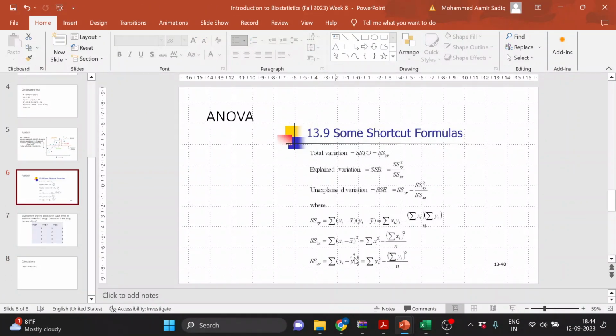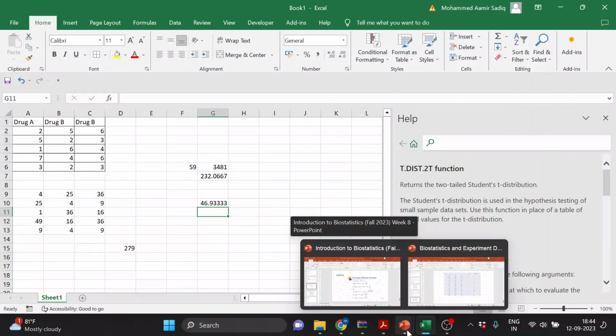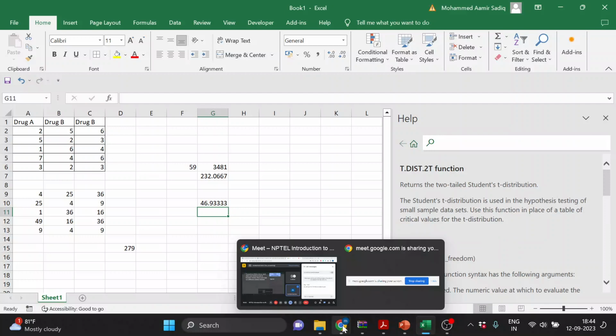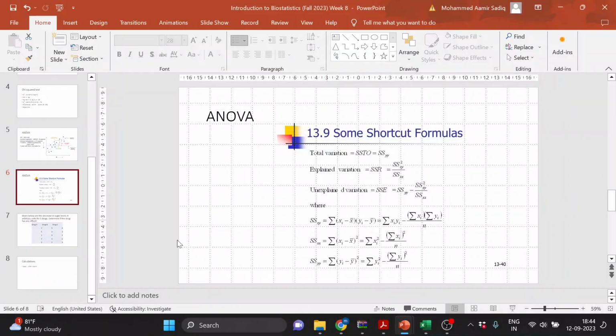If you know these three things, from there you can calculate everything else. So equals that minus this, it's 46.933.